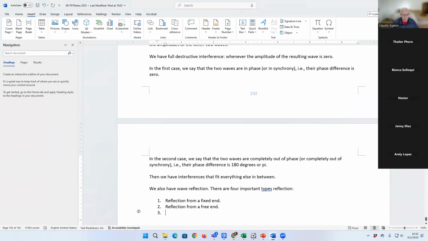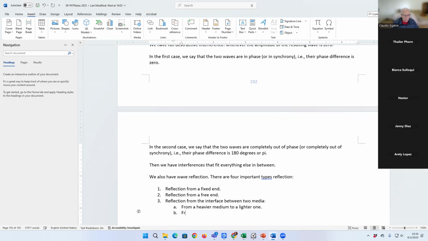Then you have a reflection from the interface between 2 media. Okay, one is from a heavier medium to a lighter one.